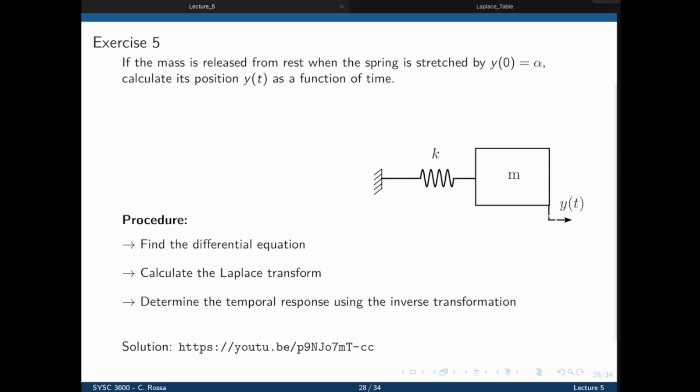The first one is the mass is released from rest. What does that mean? It means that when time is 0, it's not moving. The initial speed is 0. The second important statement is that it is released when the spring is stretched by alpha.